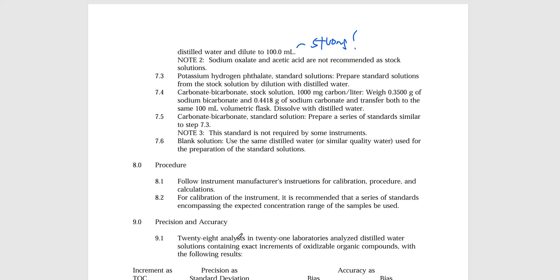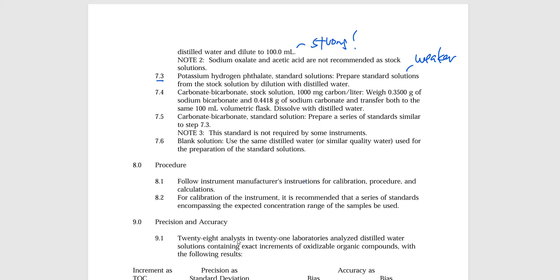So this is going to have to be diluted down, and that's what 7.3 is going to say. Potassium hydrogen phthalate. Prepare standard solutions from the stock by dilution with distilled water. So this is me making weaker solutions that are going to be more appropriate to run on our machine according to the types of samples that we are running on our instrument.